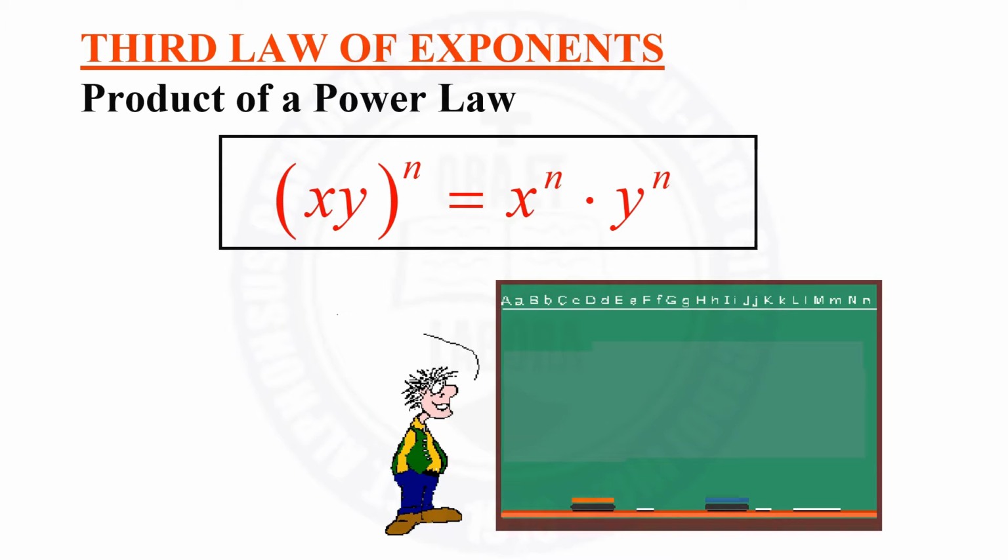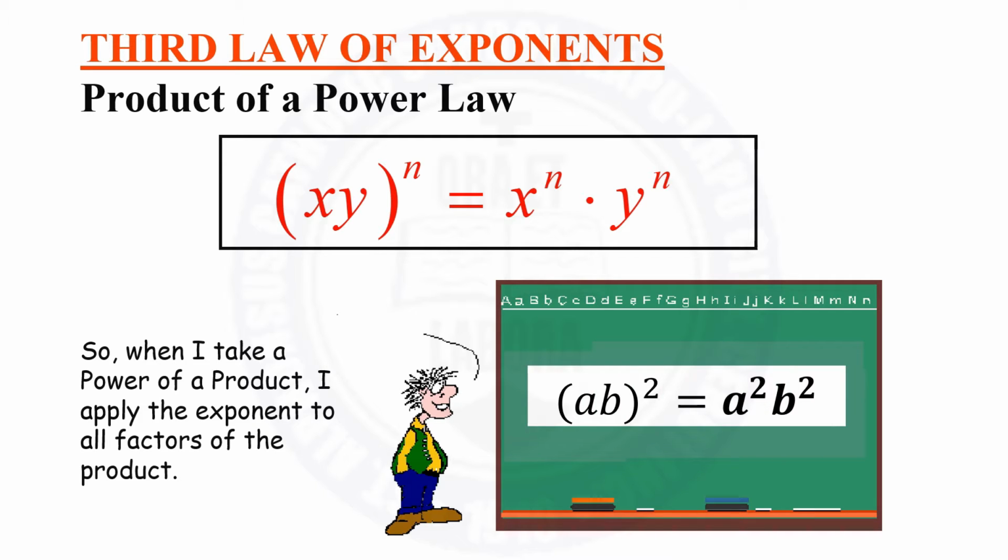Meaning to say, we will be distributing the exponent n to each variable, x and also y. So for example, the quantity ab raised to 2 is equal to a squared b squared. So distribute the exponent to variables a and b.